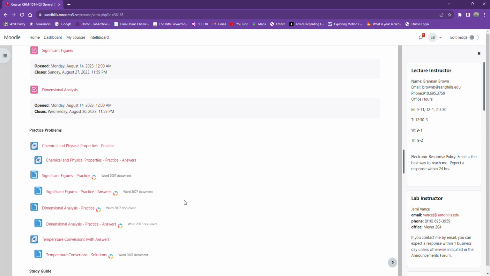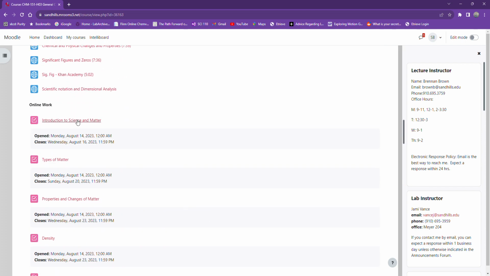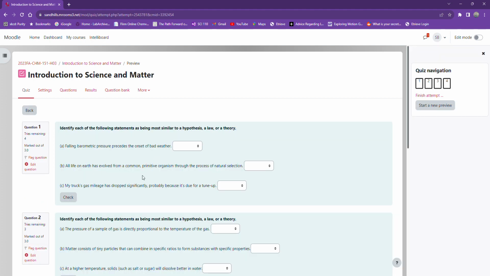The online work assignments are a little bit different from the exams or the Information Festivals in that you get multiple opportunities to answer the questions. Most of these assignments you will only get one chance to complete. However, within the assignments you get more than one chance to complete the questions.